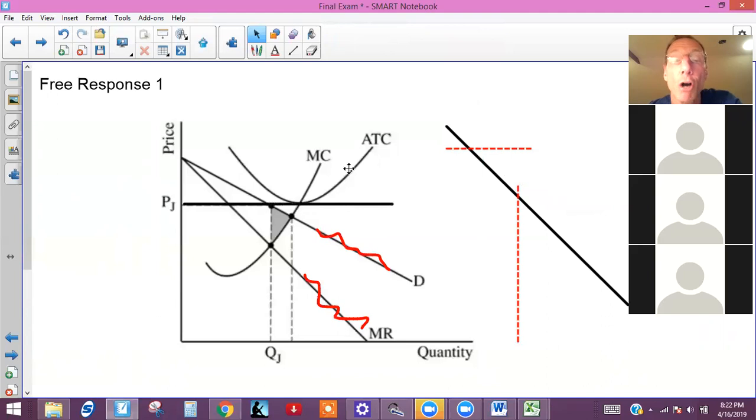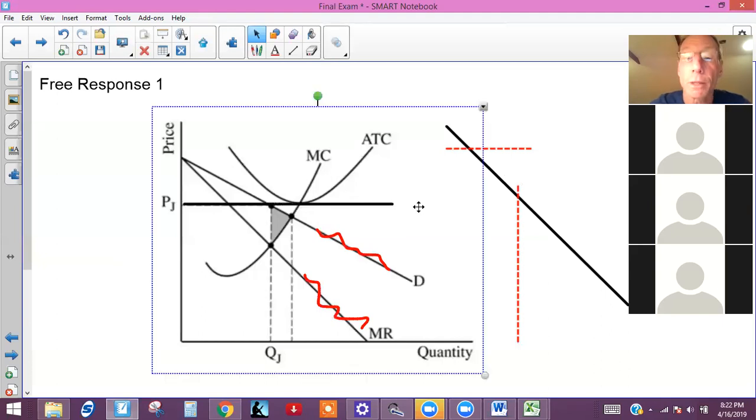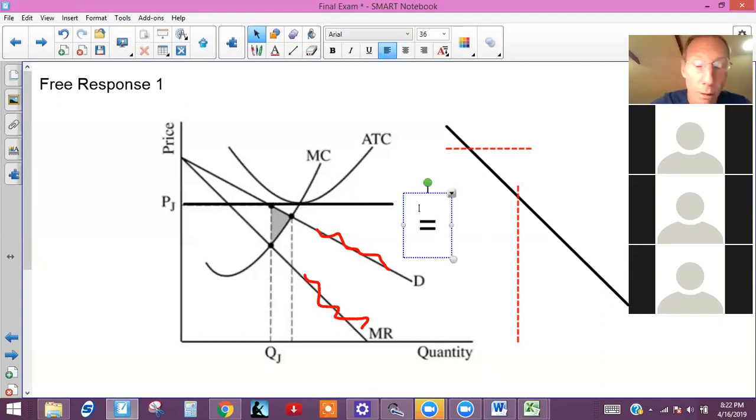And if price also equals average total cost, that means they're producing. Let me just put price also equals demand. Demand equals marginal benefit, right? Same thing.